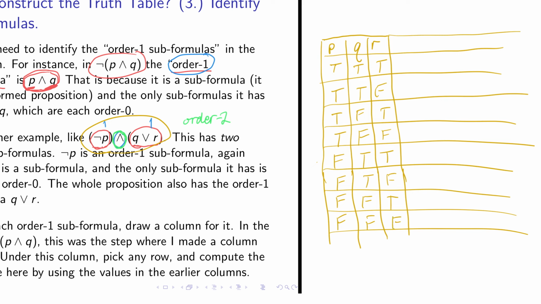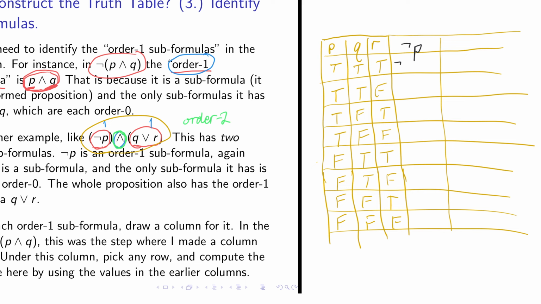But now for the next column, we put any of the order 1 subformulas. So for instance, I could put negation P here. That's my first order 1 subformula, and I compute its truth values. I have to look up the P column, because this is negation P, so I'm looking under the P column to get true.